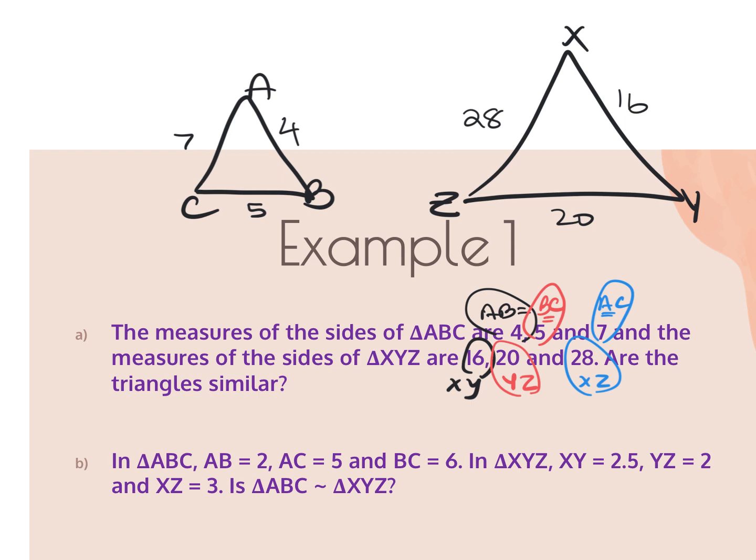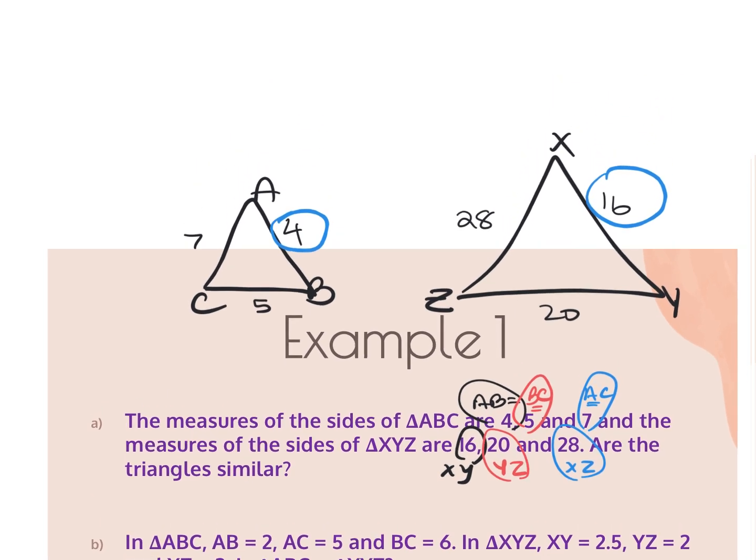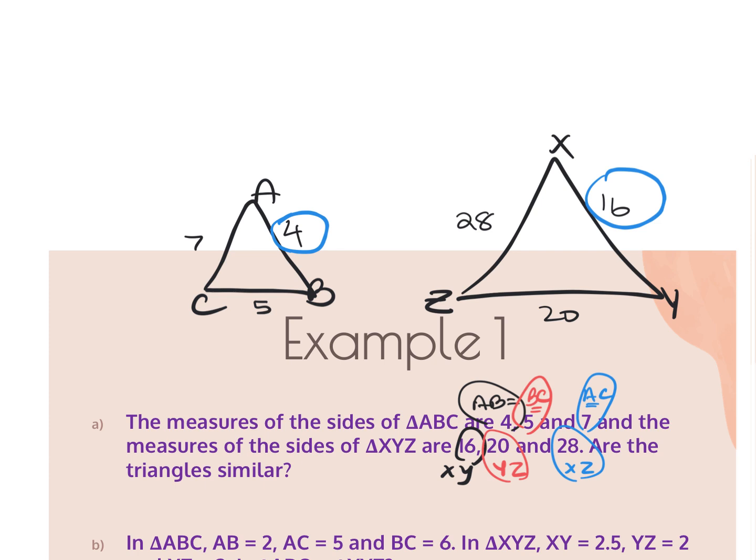So I'm going to look for the smallest number in triangle ABC and match it with the smallest number in XYZ. So I can match it with the 16. So let's go ahead and set that up in a ratio. So XY over AB, 16 over 4, simplifies to 4 to 1.